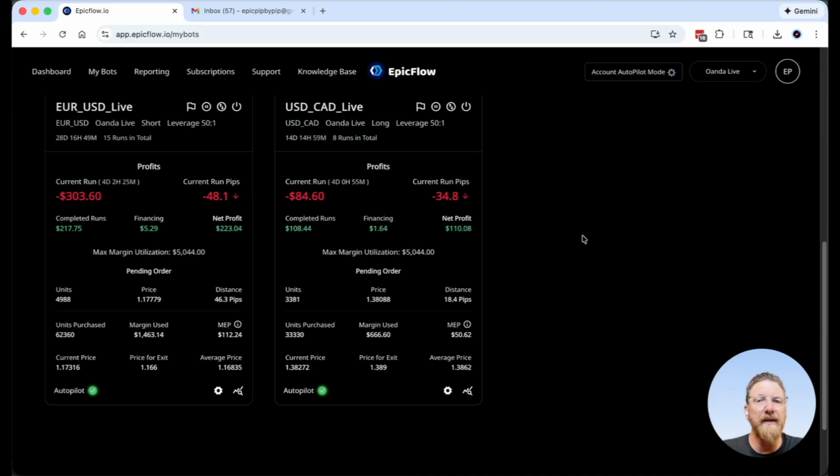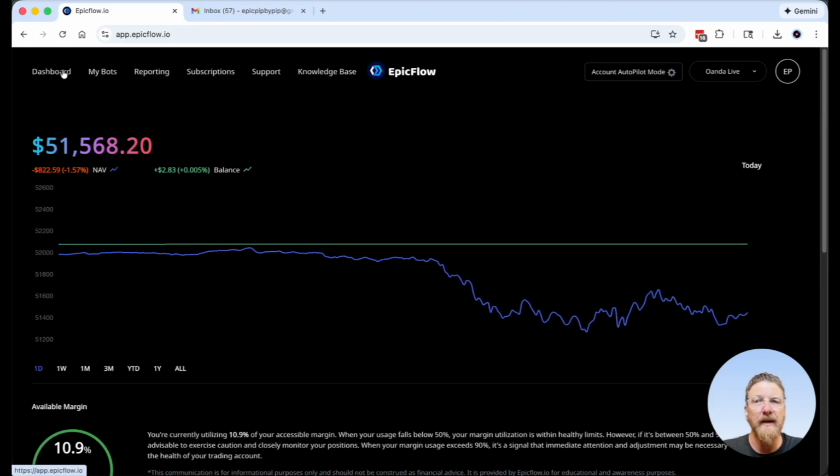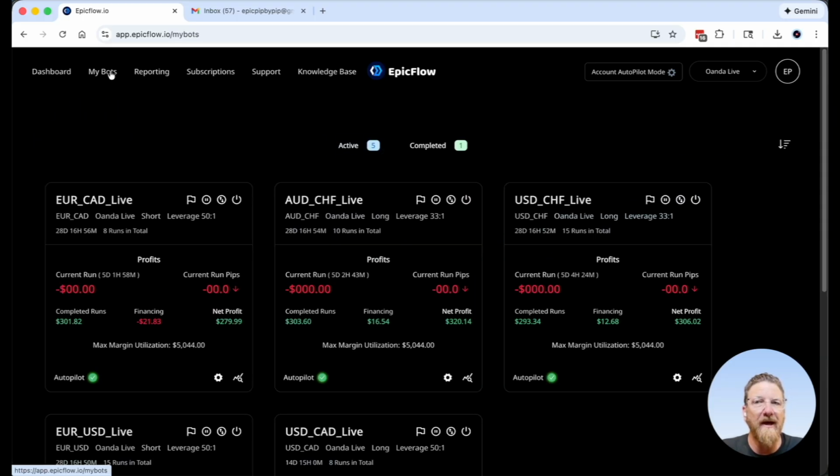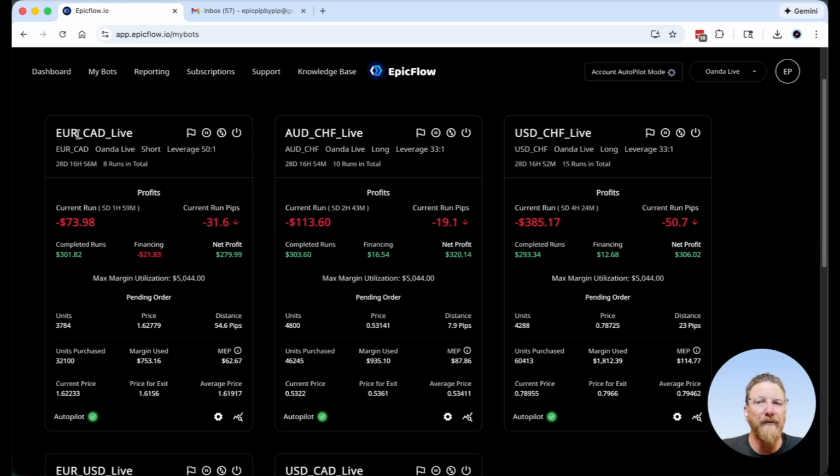So a healthy system that's running, being at 11% margin is healthy. As that increases, we have auto backing-off mechanisms that will slow down the purchases. We want to keep the margin use generally around 30 to 40%, and then we start pausing bots and managing potential drawdown in those situations. But the added benefit here is that the pairs that we have, apart from the EuroCAD, have positive financing.